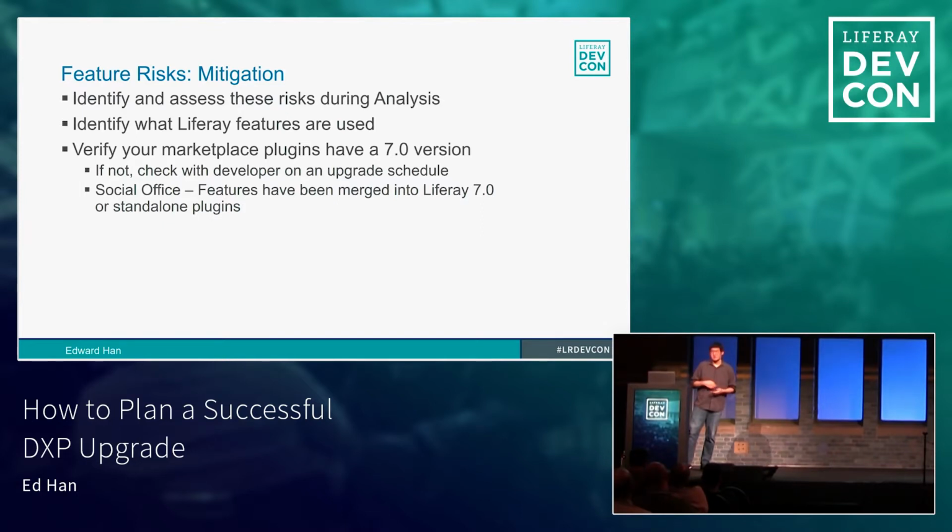To know about Social Office is that it is being discontinued because the modules within Social Office have been rolled into either the core portal or into a separate standalone plugin for you to download from the marketplace. For all of the marketplace plugins, you should check with the developer for an upgrade schedule if they do not have a 7.0 version available.